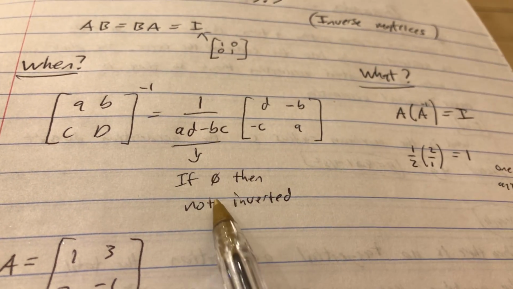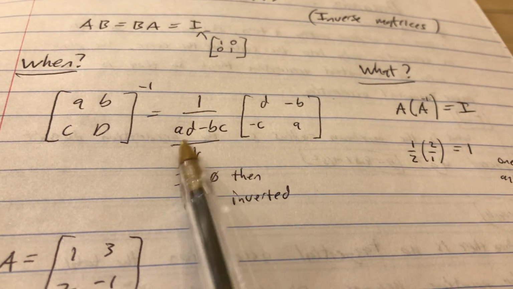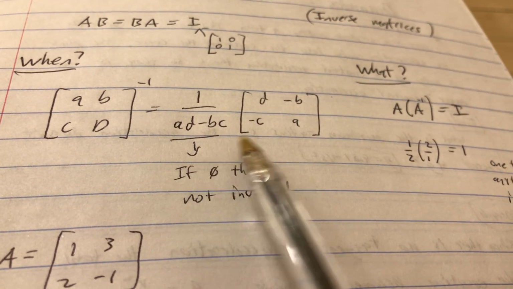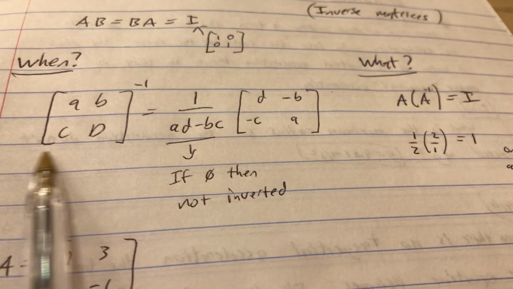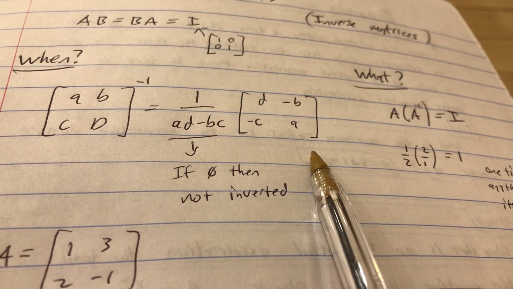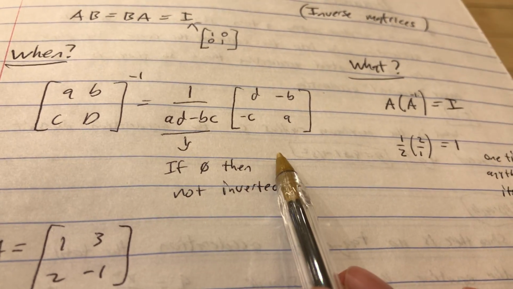If this is 0, then the matrix is not able to be inverted. When you can, then you do this division. This is only for 2x2 matrices, so this is just a nice equation for that.